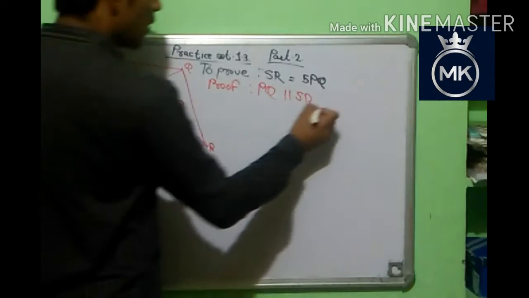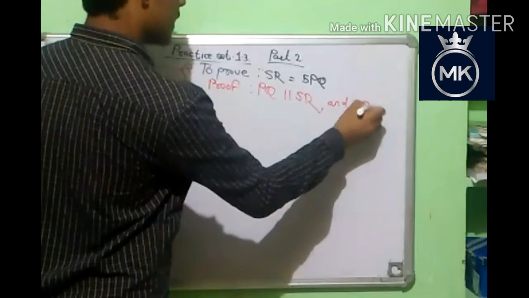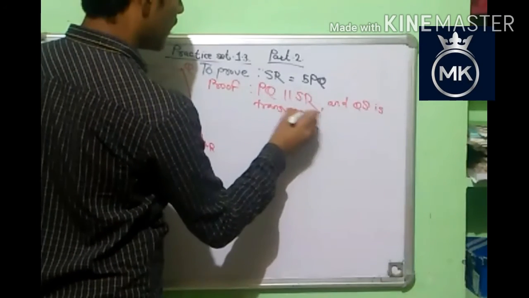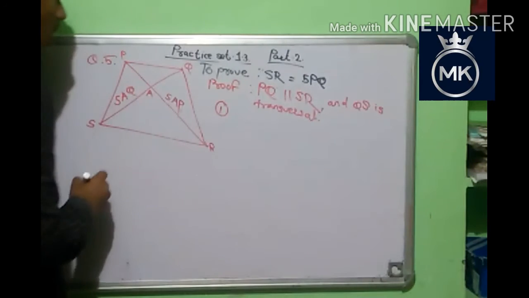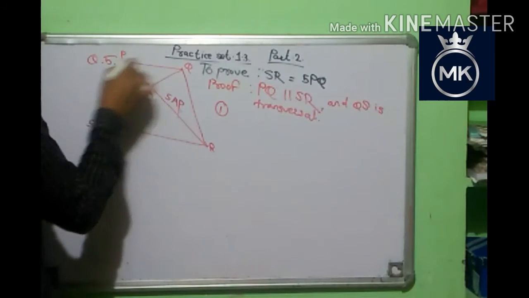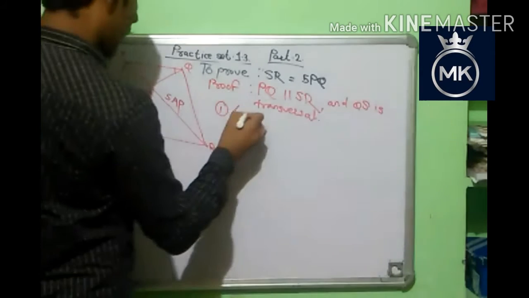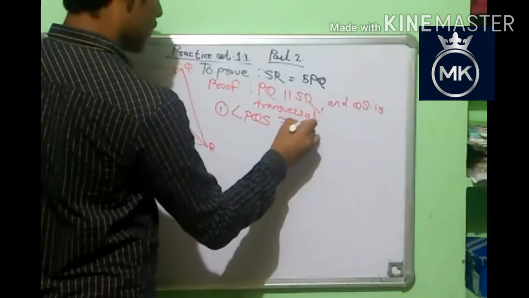Firstly, PQ is parallel to SR and QS is transversal. So friends, when there is one transversal and two parallel lines, the first pair of alternate angles is PQS and QSR. Angle PQS is congruent to angle QSR.